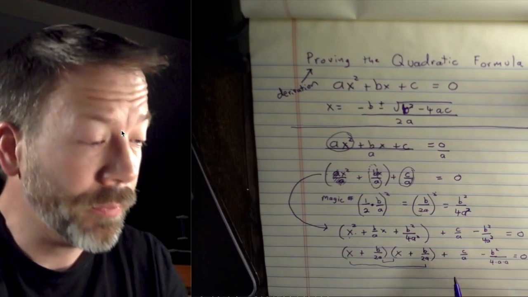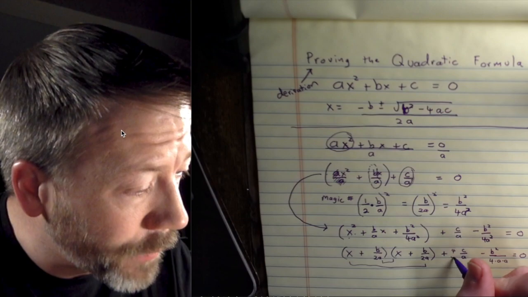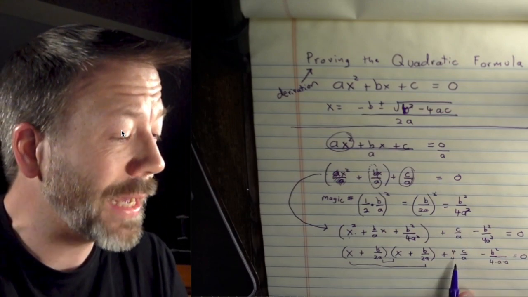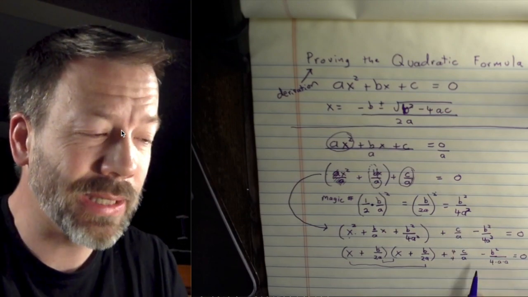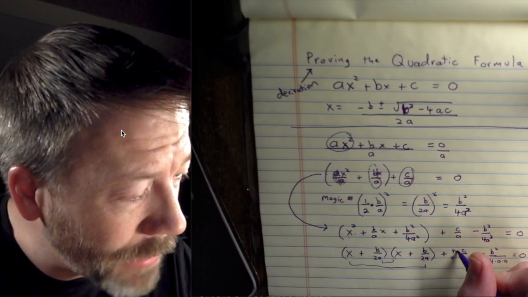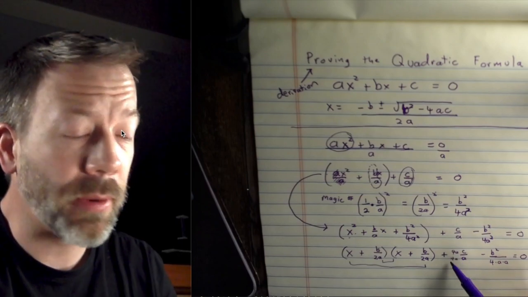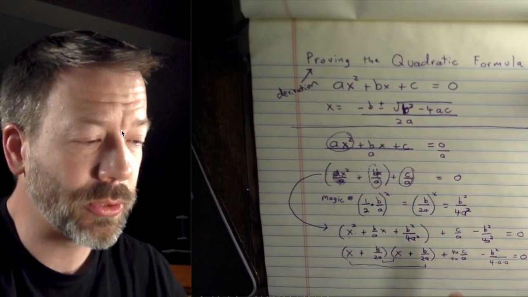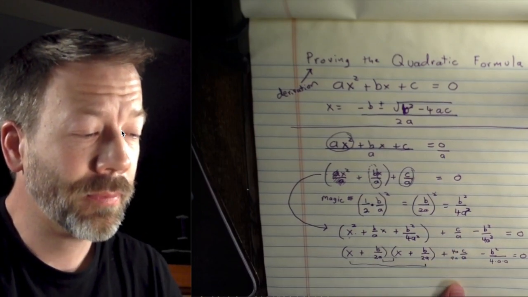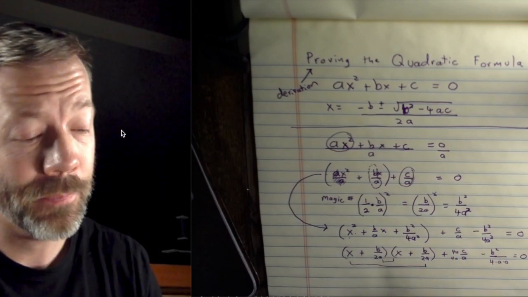It's missing a 4, so I'm going to multiply top and bottom by 4. But it's also got an a, but it doesn't have 2 of them, so it's missing an a. I'm going to multiply the top by a and this bottom by a. Now, 4a divided by 4a, that's just 1, so it's okay to do this. But now I'm going to have my common denominators.